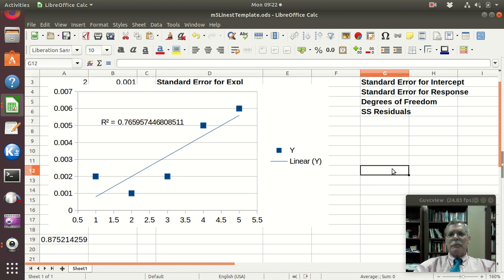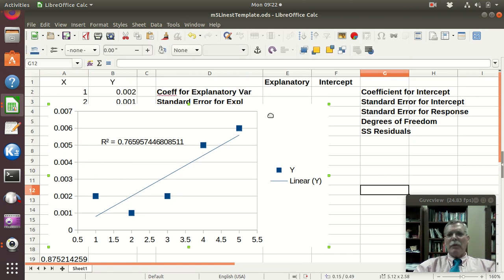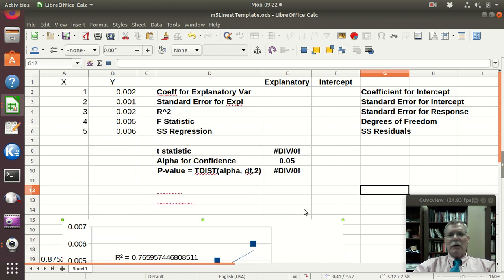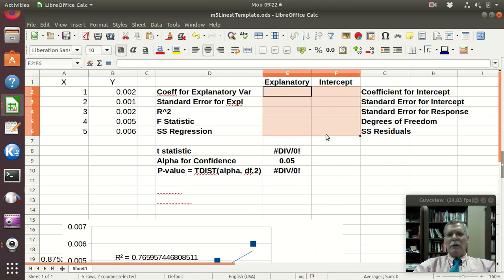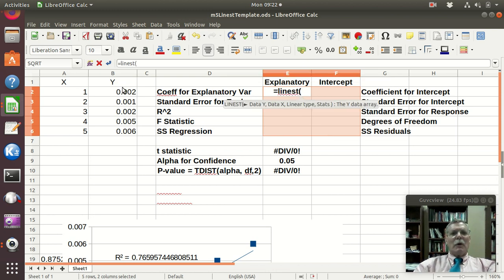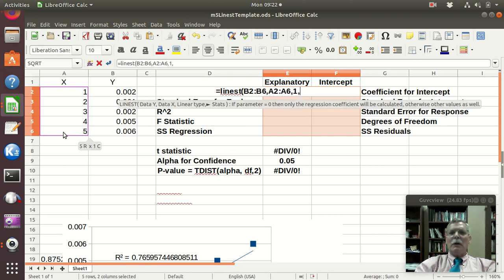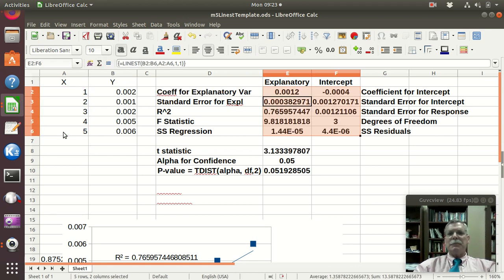However, if we come back over here, now I need to move this down out of the way. If I come in here and do my linear regression, my Y data, whoops, there's my Y data, my X data, 1, 1, Control Shift and Enter.